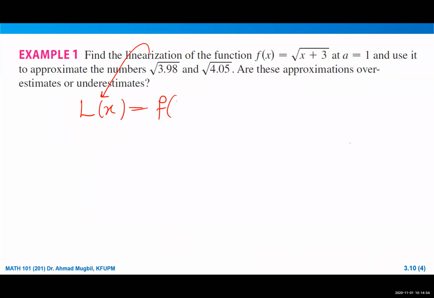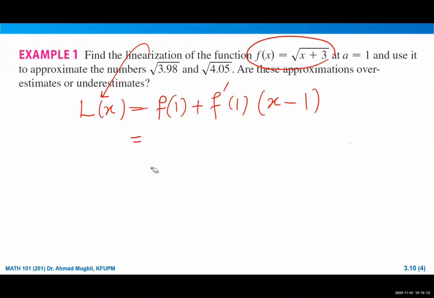So it will be f at 1 plus f prime at 1 times x minus 1. So what is f at 1? With x equals 1, f at 1 is the square root of 1 plus 3, the square root of 4, which is 2. So this is 2 plus f prime at 1 times x minus 1.